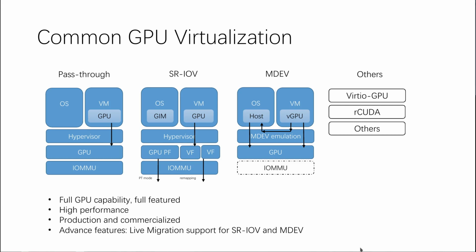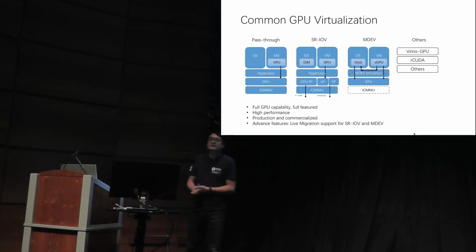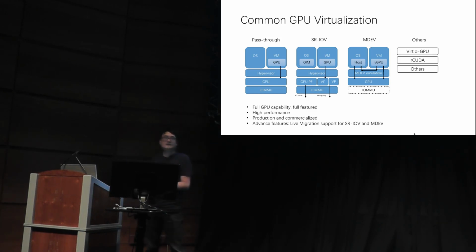When we're talking about GPU virtualization, there are several solutions. The first one we all know is the pass-through solution. Then there is the SR-IOV solution, which we are working on now with AMD.